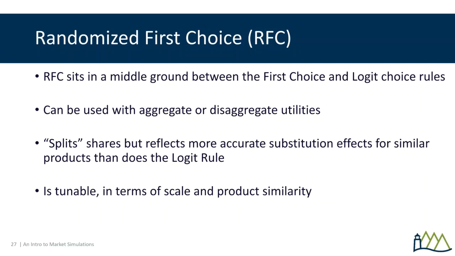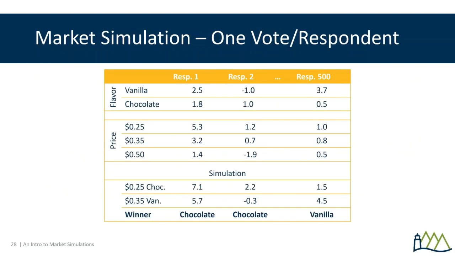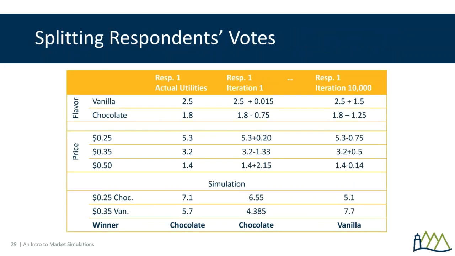So let's go ahead and look at an example of randomized first choice. We looked at this before where we had this first choice simulation where respondent 1 chose chocolate, respondent 2 chose chocolate, respondent 500 chose vanilla. But what if we actually look at respondent 1?